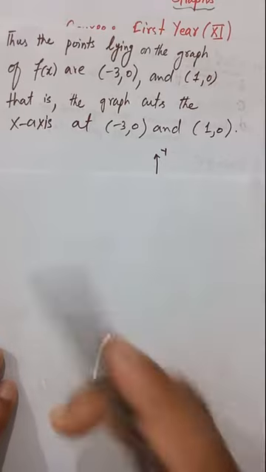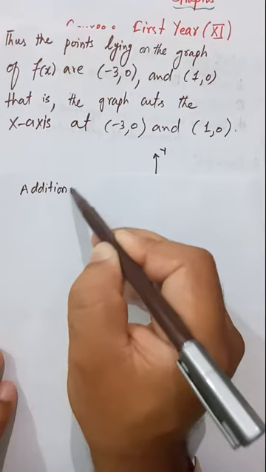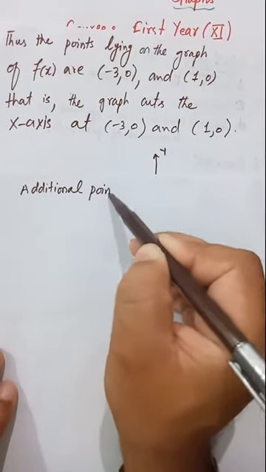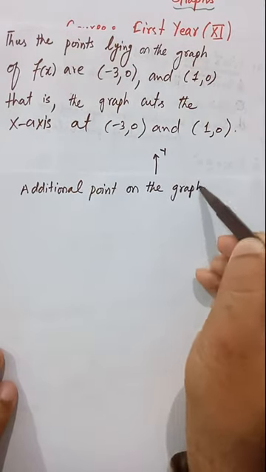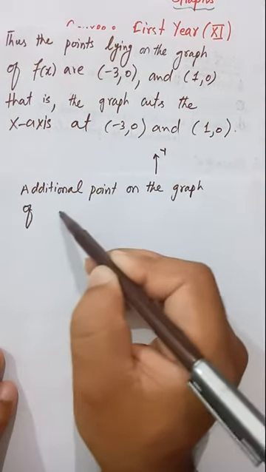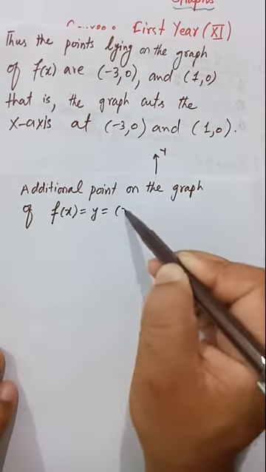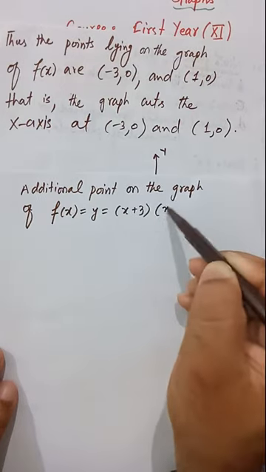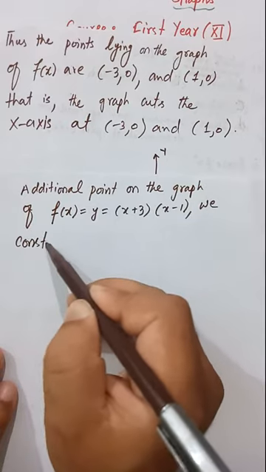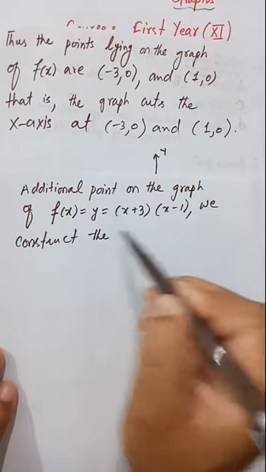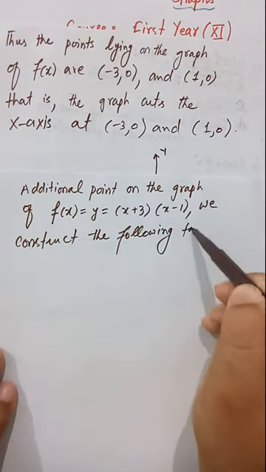So for some additional points on the graph of f(x), y equals (x + 3)(x - 1), we construct the following table.